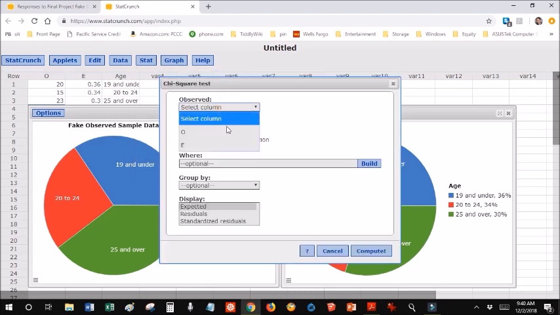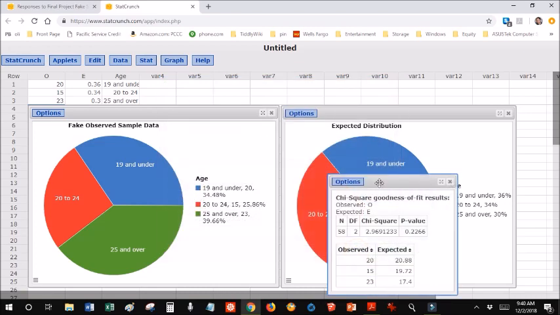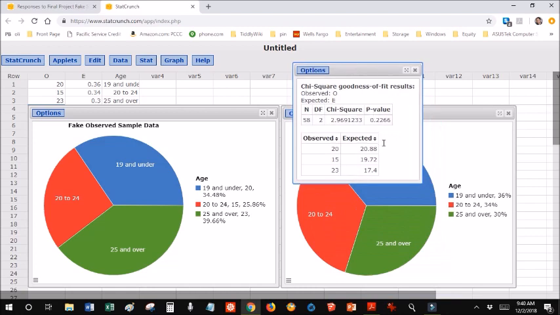and I have the observed data in O, I have my expected distribution in E. I'm going to show the expected counts, and here's where I check that all the expected counts are at least 5.